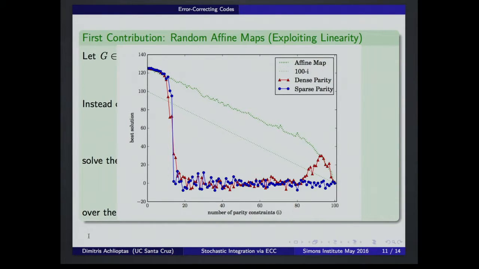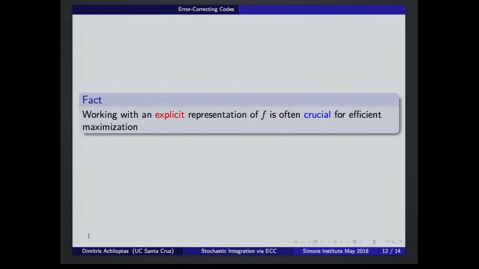In the second contribution, we realized that, for certain problems, for example satisfiability, the reason that people are able to get to the point where they can solve problems with 100,000 variables is because they put a tremendous amount of effort into engineering that exploits the syntactic representation of your formula. For example, they will try to find a good embedding of the formula, all sorts of tricks.